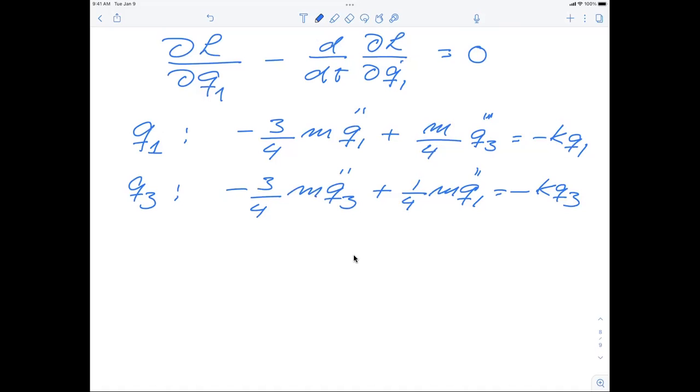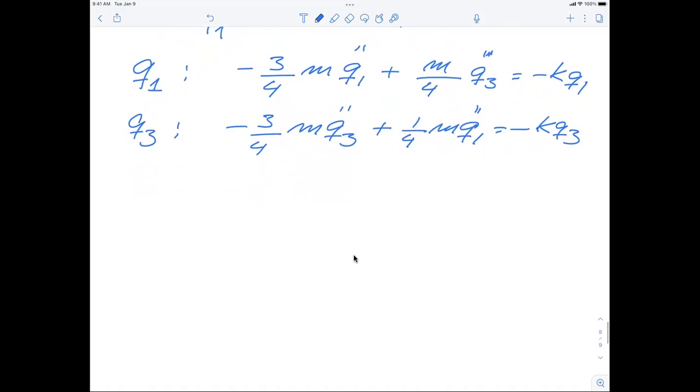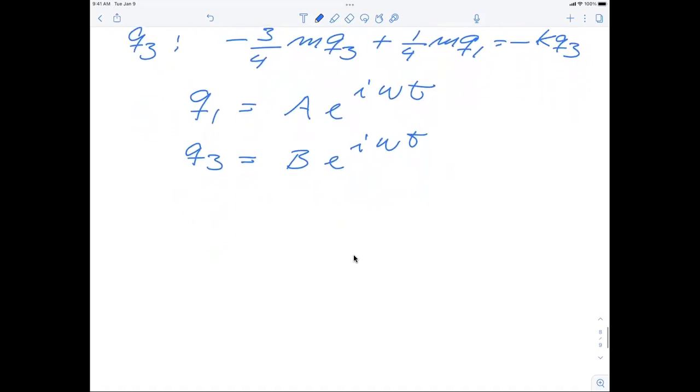So we could give a guess and plug that into the equations in order to find a solution. So we could guess that Q1 is given by A e^(iωt), and then Q3 is equal to B e^(iωt).